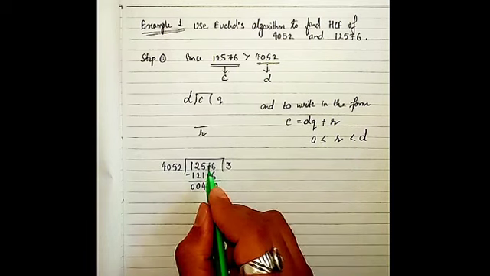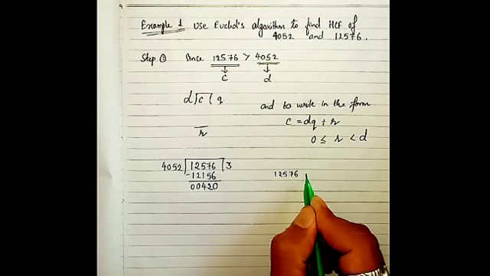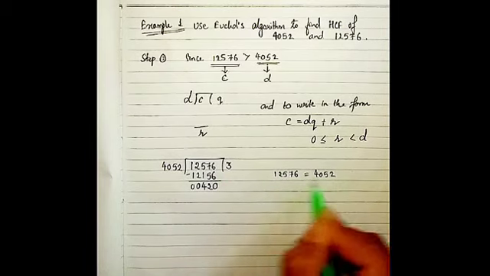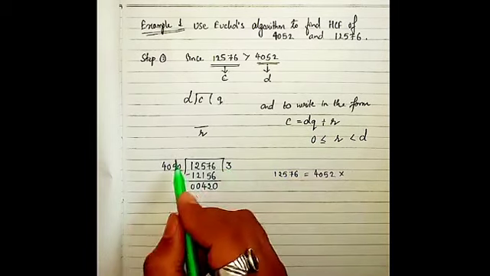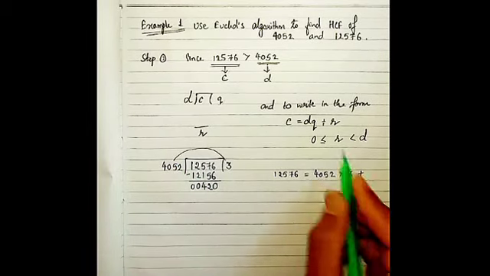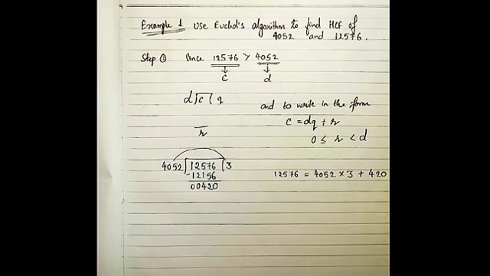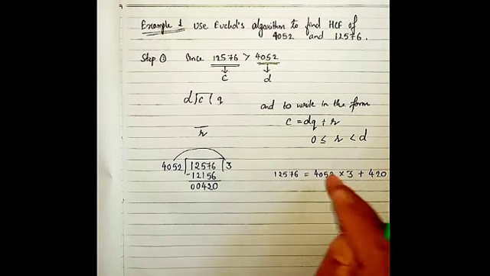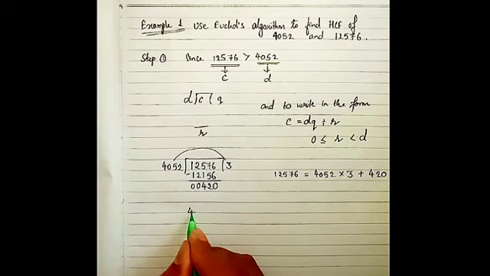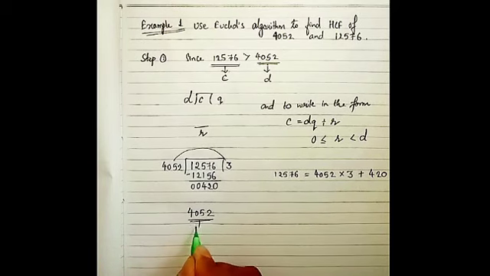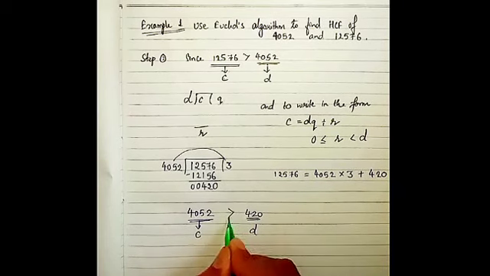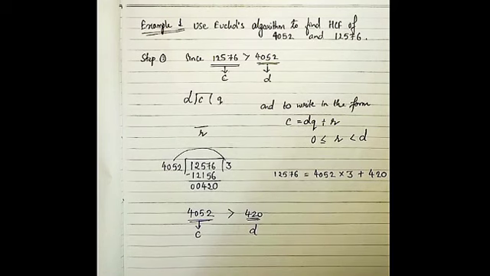So I will write the C value, that is 12,576, equal to D, that is 4052, multiplied by Q, that is 3, plus the remainder, that is 420. Now as I told you, if the remainder is not 0, we will proceed with the values of D and R and consider this value of D as my C for the next level. That is, 4052 will be considered as C, and 420 will be considered as D, and again we will follow the same procedure.